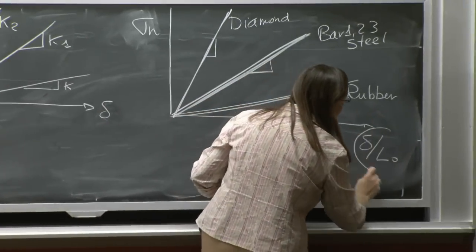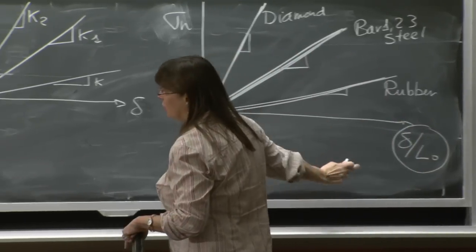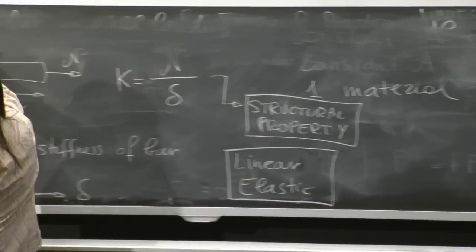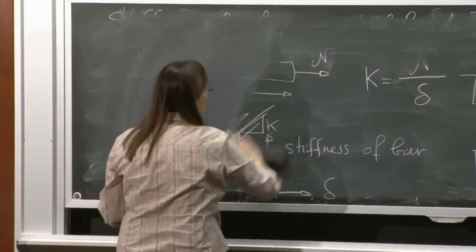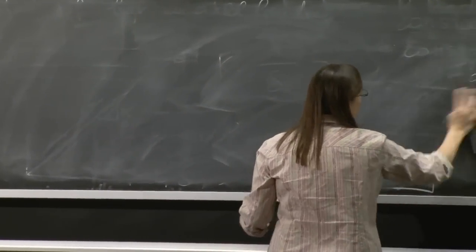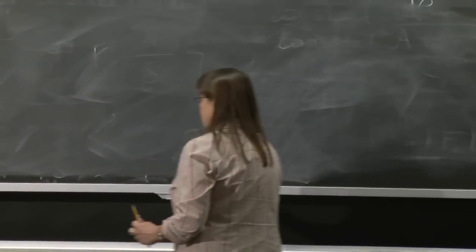Now let's look at this guy here. This guy here is an elongation per initial length of the bar. Okay?